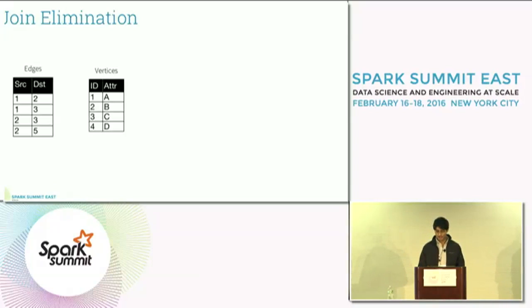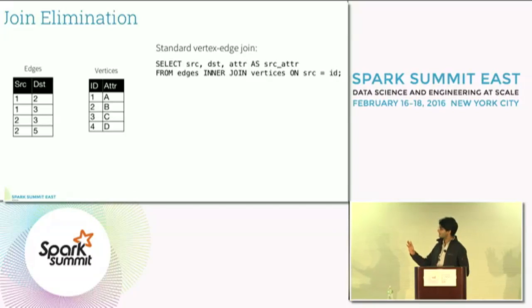The standard join that you can't eliminate between these two would be, for example, to inner join these two tables and bring the attributes of each vertex into the source of each edge. This join is an example of something you can't eliminate.